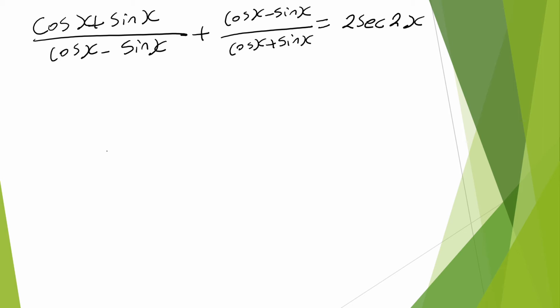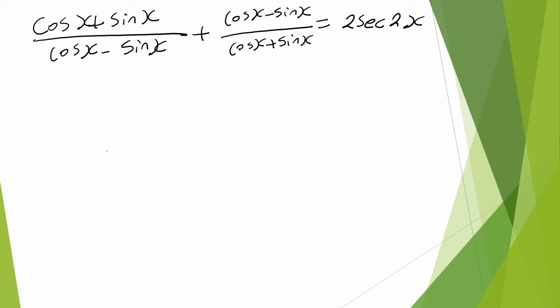Okay, so we've got this one here we'd like to prove. Obviously you will have to use one of the sides for sure. The left hand side is way more complicated than the right hand side. This sec 2x means you will have to use the double angle identities somewhere in your answers, because you want to get 2x. At the moment we have only x.